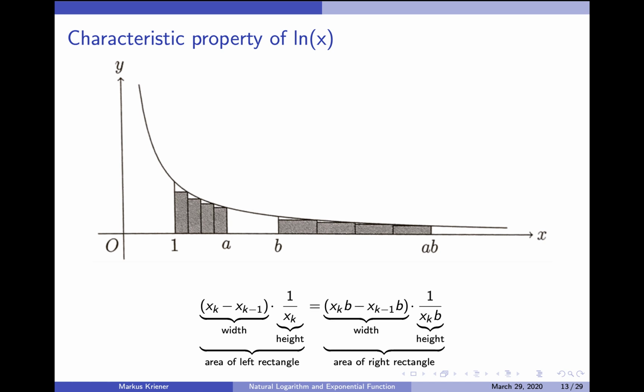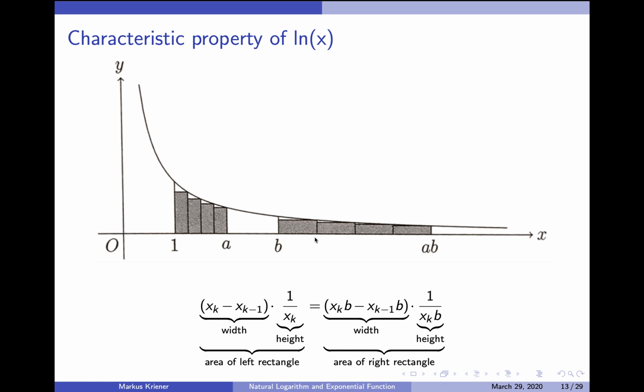The corresponding points on the right we get by stretching by the factor b. x0 equals 1 stretched by b gives b, as we've seen. x1 stretched by b gives x1 times b, and so on.